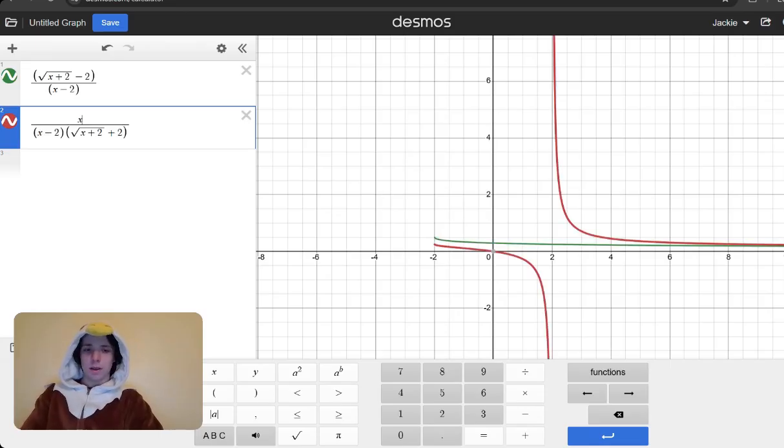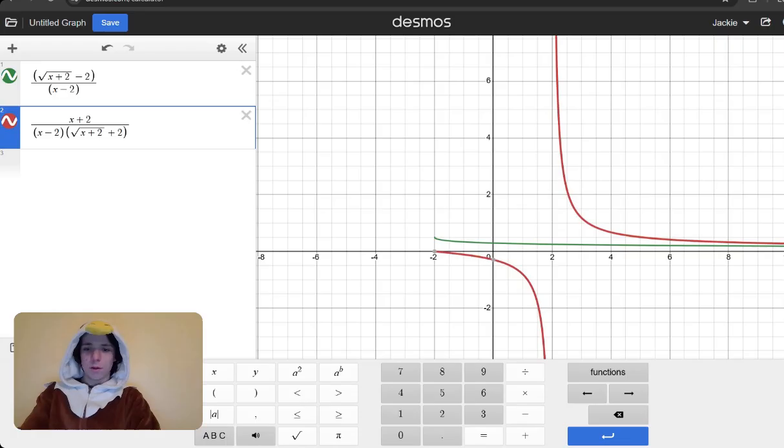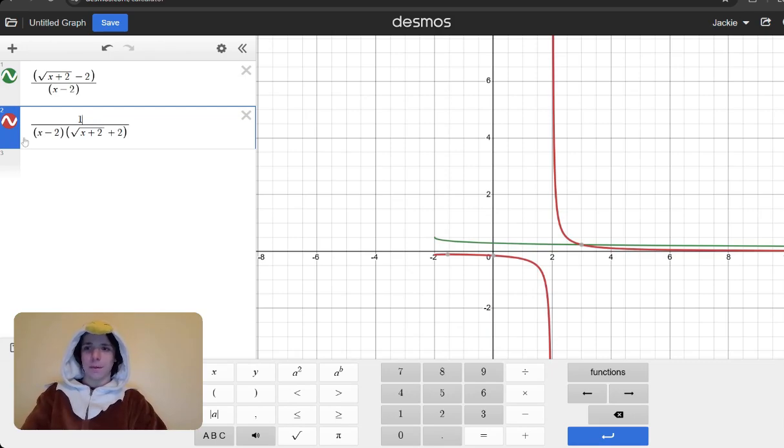So that's going to be x plus 2 minus 4, or just x minus 2. And then you'll notice x minus 2 up here and x minus 2 down there cancel out. So just 1 over the square root of x plus 2, plus 2.